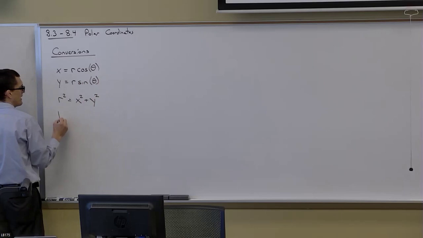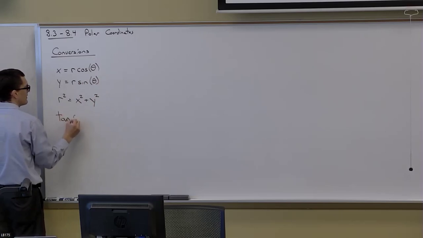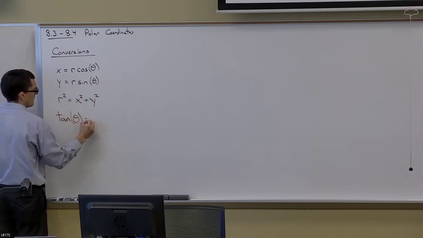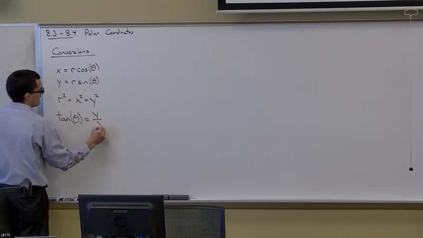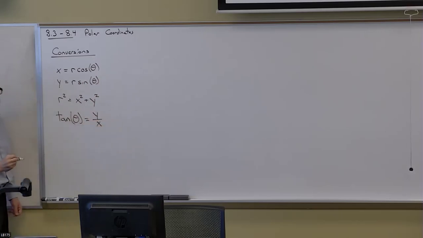And then tangent of theta is equal to Y over X. Okay. And these all just came from, well, this one's the Pythagorean theorem, the other three come from SOHCAHTOA on the right triangle.